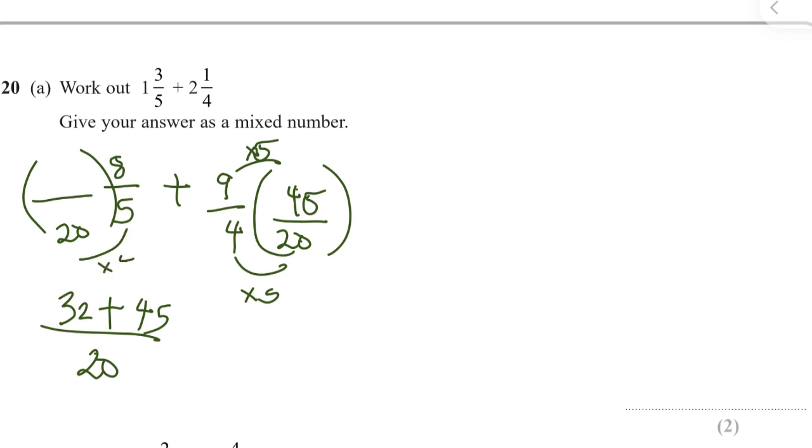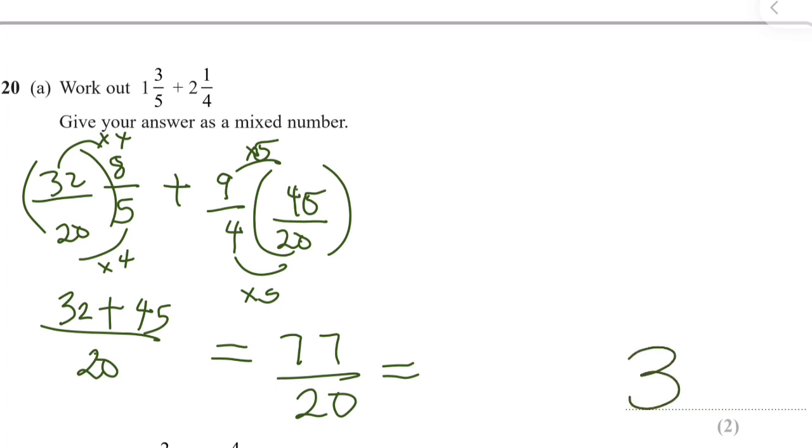Going here, we multiply by 4. So multiply this by 4, we have 32. So that's how I got 32 plus 45 over 20, which is going to give us 77 over 20. And as a mixed number, so 20 times 3 is 60, that is 3. So from 60 to 77, that is 17 over 20.